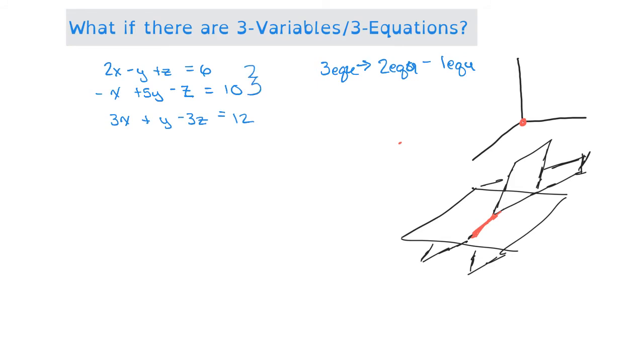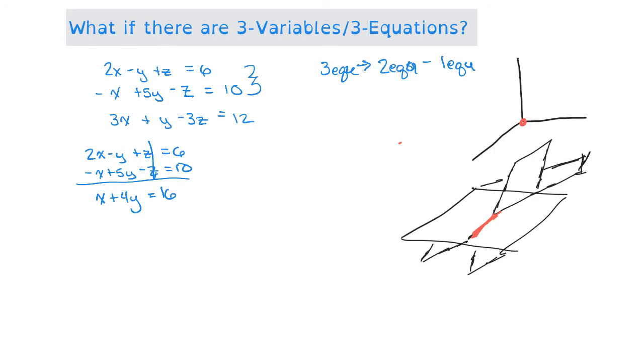So we're going to go ahead and eliminate z by combining these 2 equations. And so 2x minus x gives us x. Negative y plus 5y gives us 4y. These cancel each other out, and we got 16.